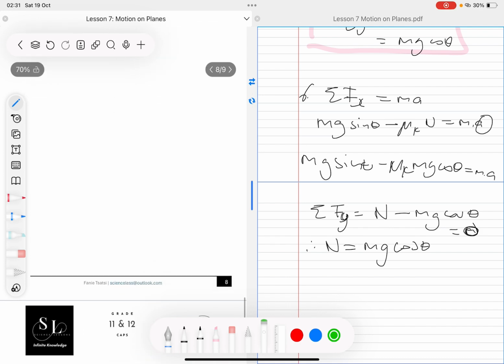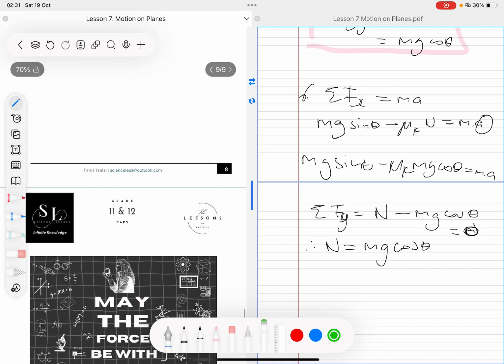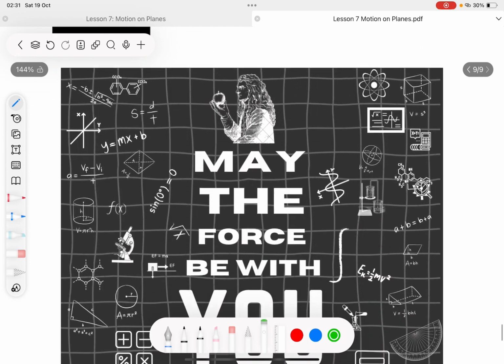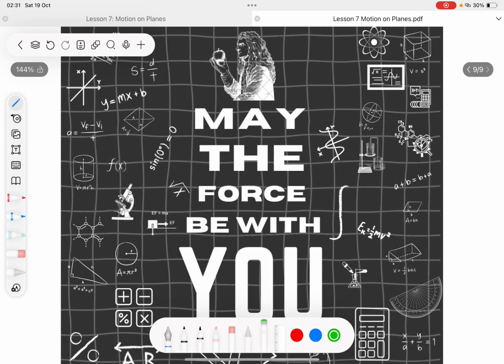Now, those are the basic cases that you may come across in an exam, and you should be comfortable with manipulating those equations to get the desired results, right? I just put those so that we can prepare to solve our questions, and they put everything that you have learned in one place.